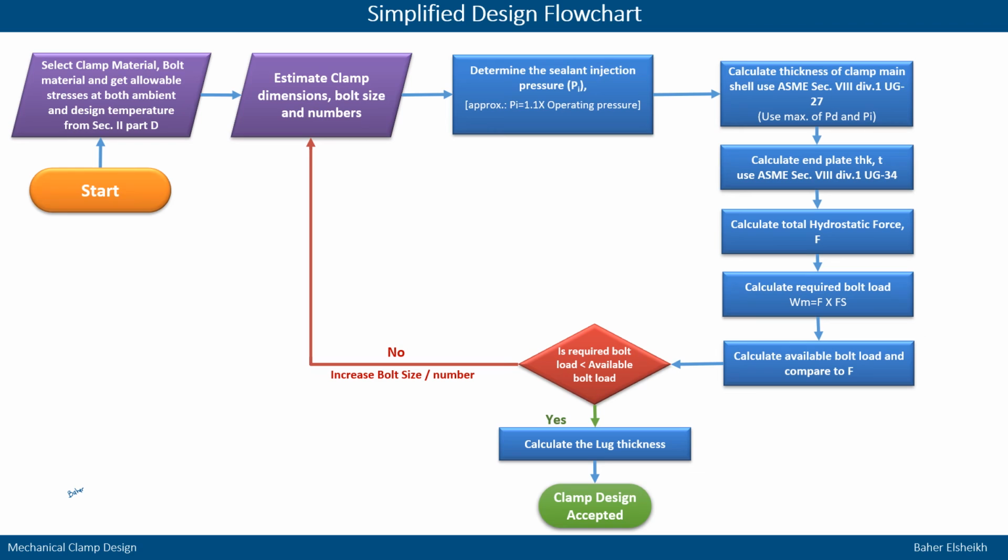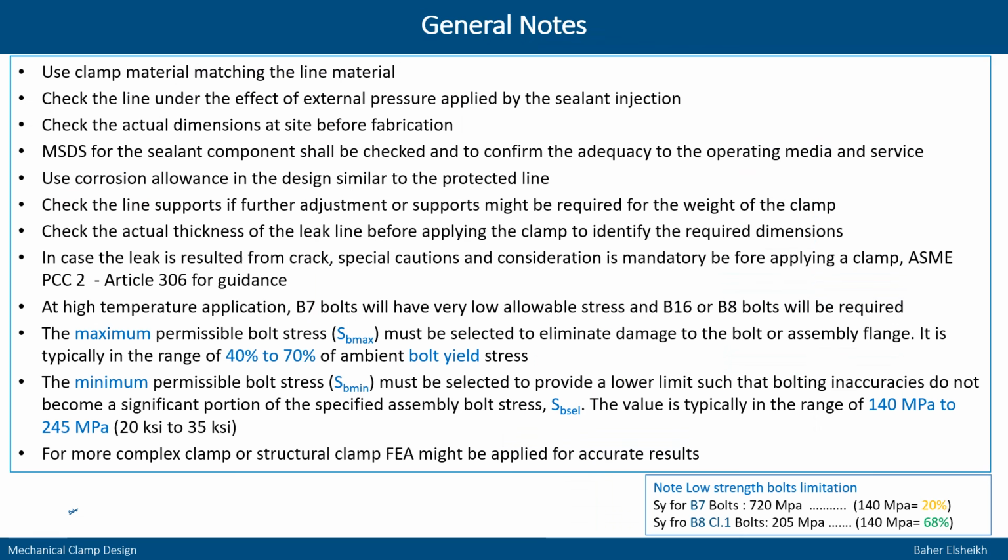If the required bolt load is not less than the available bolt load, you have to run again and increase the size or the number of bolts until the available bolt load is higher than the required bolt load. Then calculate the lug thickness, and by that you have the recommended or required clamp dimensions.